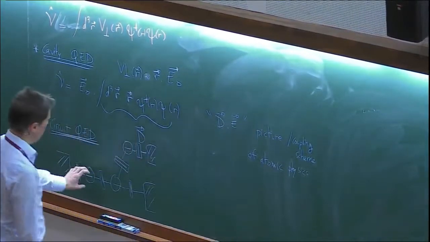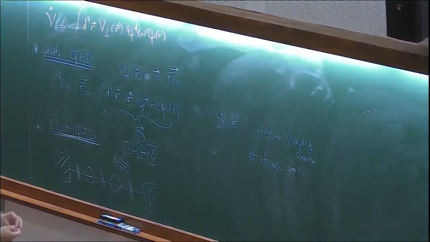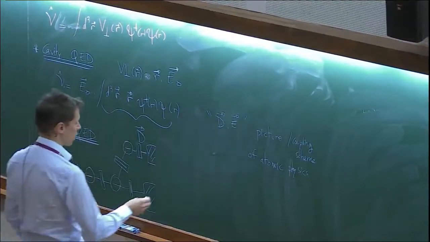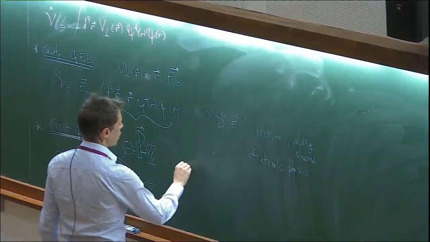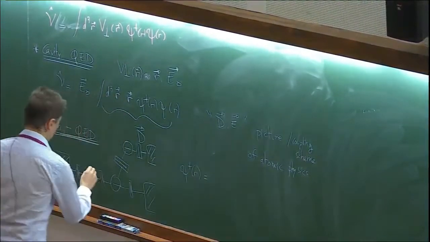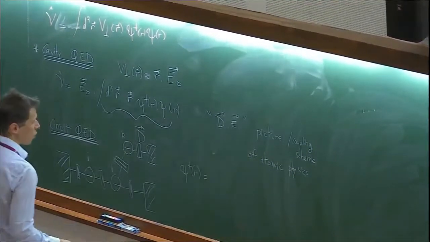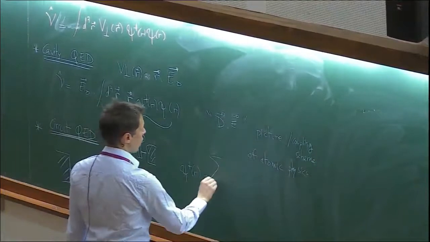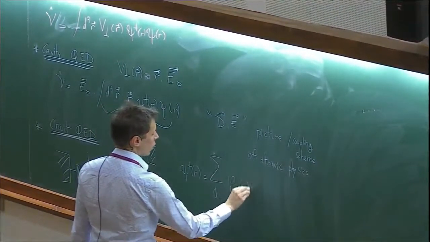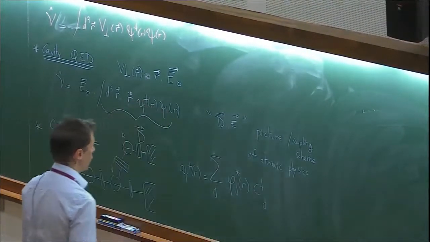I will say that for each node, I can define a region where the field doesn't vary so much, and where I can define the orbital wave functions. Which means that I will have some nodes, i, j, and therefore I will expand the field operators on these nodes.